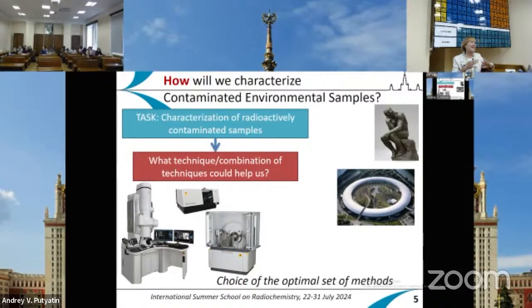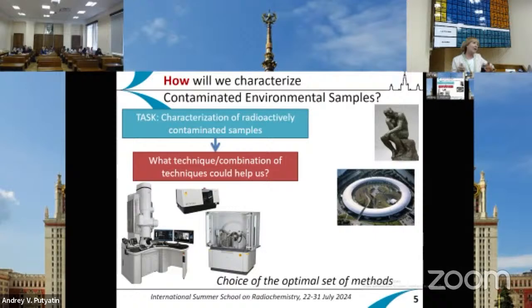And we have a lot of different techniques to perform the analysis. What technique or combination of techniques could help us? Some of them are based on laboratory instruments. This is a transmission electron microscope laboratory. This is X-ray tomography. This is X-ray diffraction equipment.